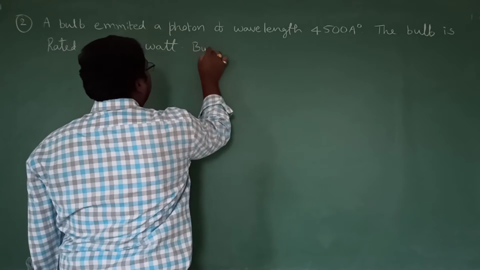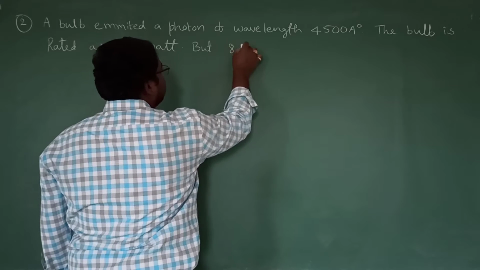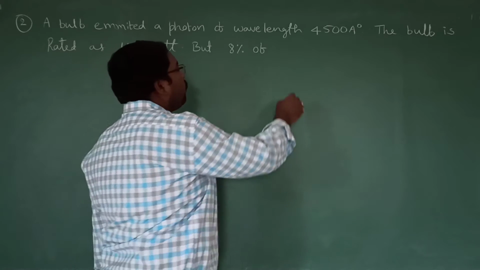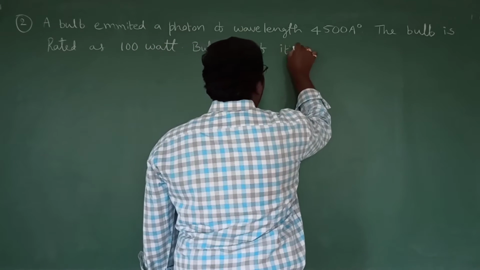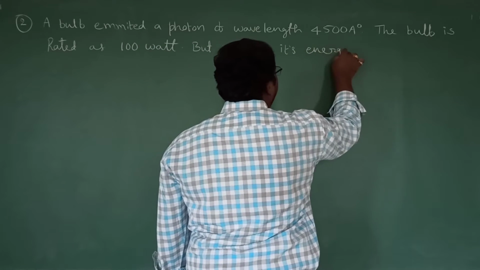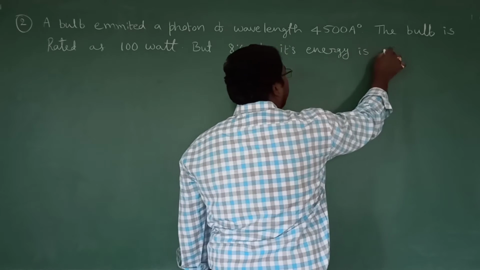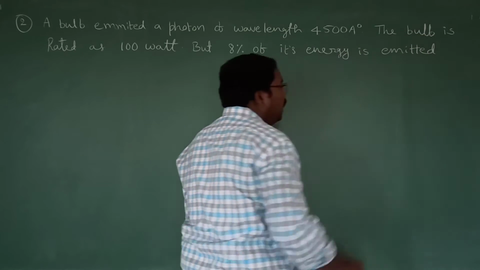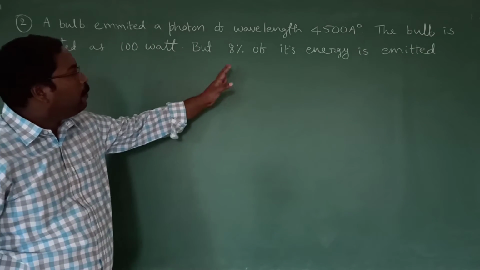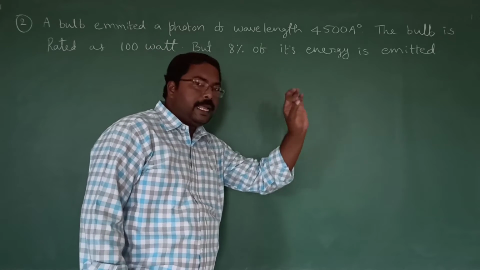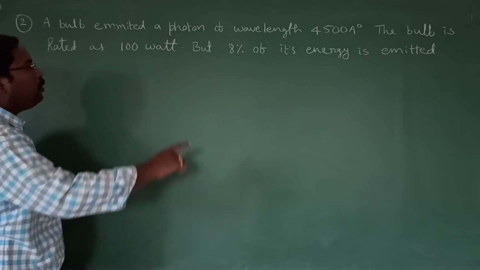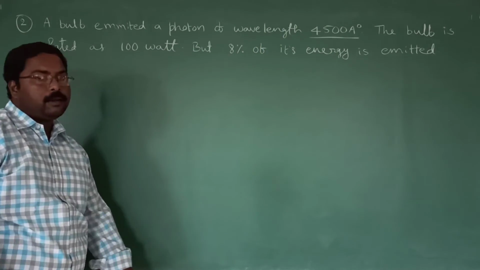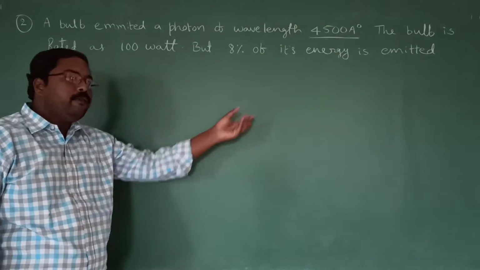But 8% of its energy is emitted. It is rated as 100 watt, but only 8% of its energy is emitted. Those emitted radiations' wavelength is given as 4500. So here energy is given, wavelength is given.